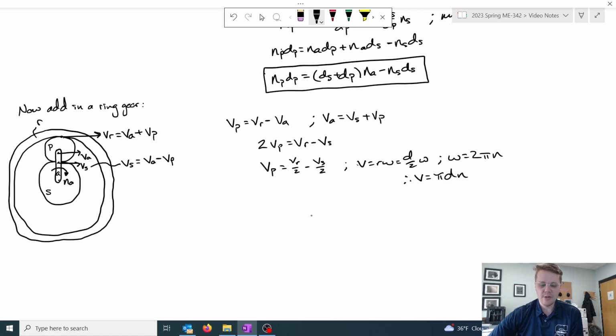If I take that and do some substitution down here, what I get is pi dp np equals all the same terms substituted in. And I see right away that my pi terms all cancel, and therefore I have np dp is nr dr by 2 minus ns ds by 2.